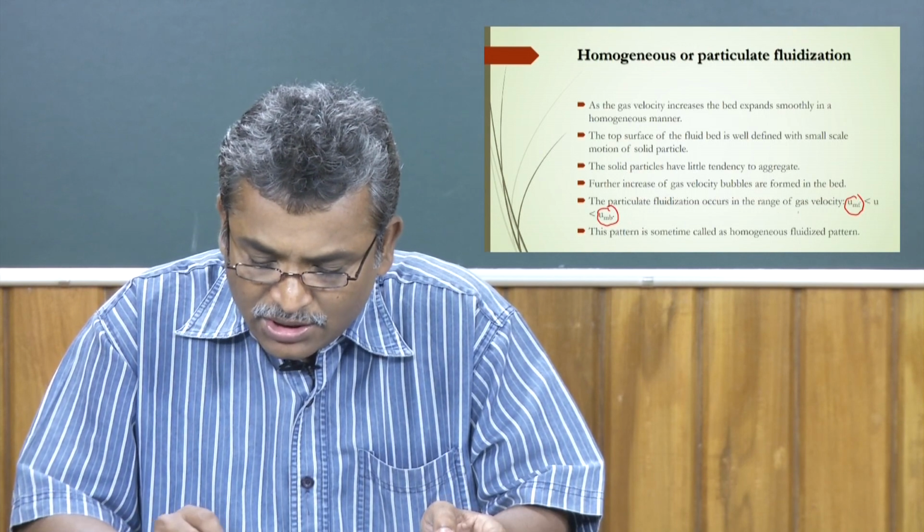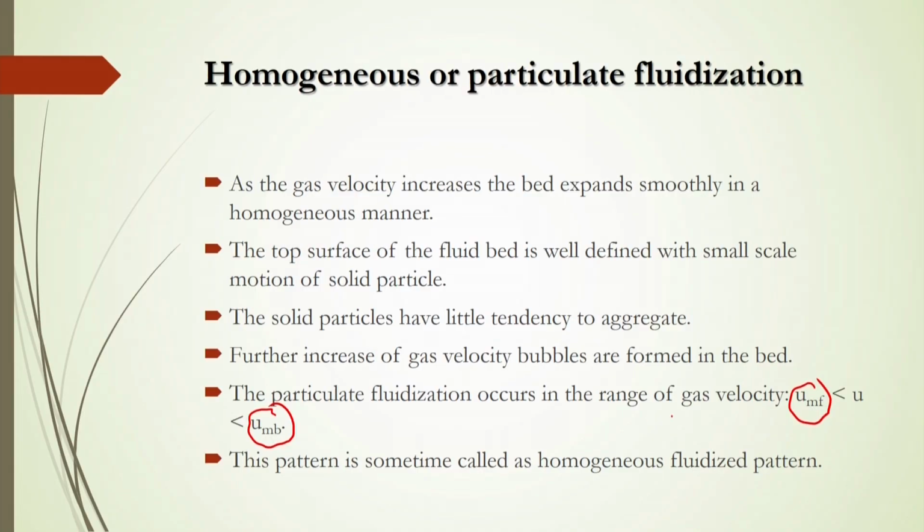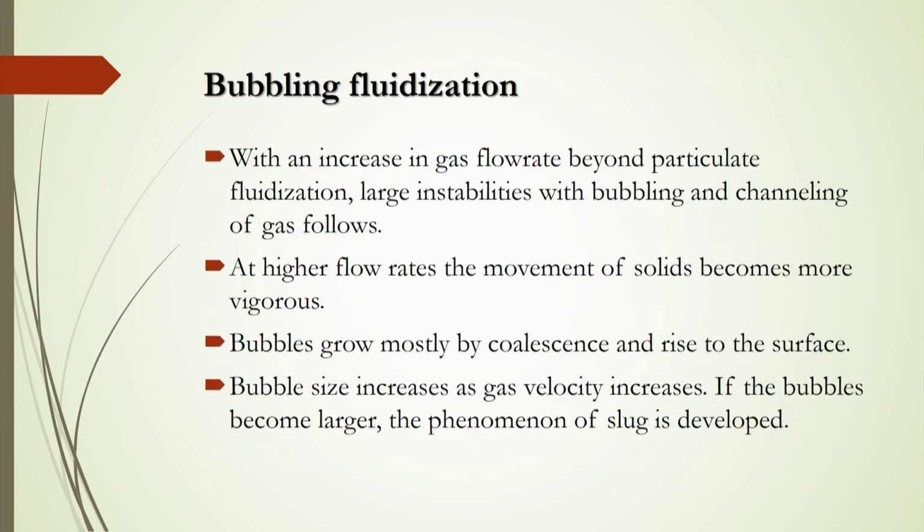So, in this case you will see this particulate bed fluidized regime can be defined only when the fluidized bed is operated within this minimum fluidization to this bubbling fluidization condition, and this pattern is sometimes called homogeneous fluidized pattern. So, this is the characteristics of the homogeneous or particulate fluidization.